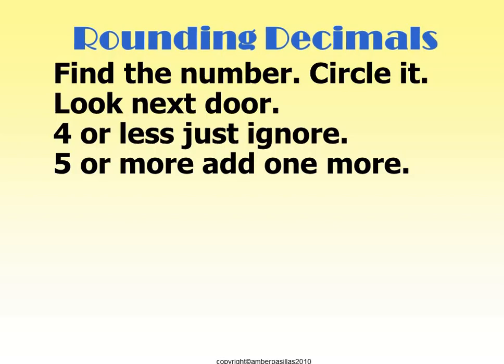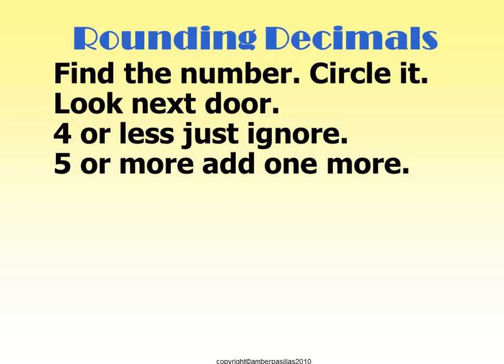So you will circle it. Then you will look to the next door. It means that you will look to the first number to the right of the circled number, to the right, not the left. Then you will ask yourself, if it's 4 or less, just ignore it and put zeros instead of all of the numbers to the right of the circled number.